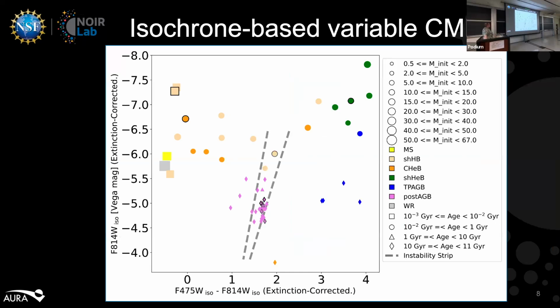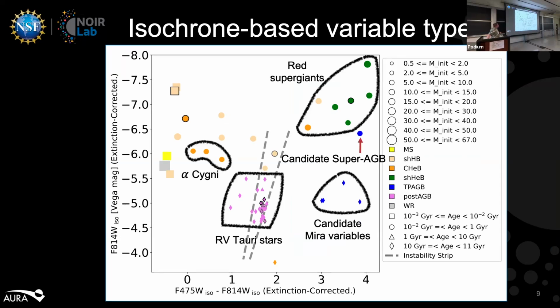And so this is the final color magnitude diagram that's produced. So you can see these stars cover a broad range of colors and magnitudes. And as I said, we are able to classify all these variables. So just to briefly highlight a couple of groups of them. So we've got the red supergiants up in the top right. All those stars have masses greater than 9 solar masses, so initial masses greater than 9 solar masses.